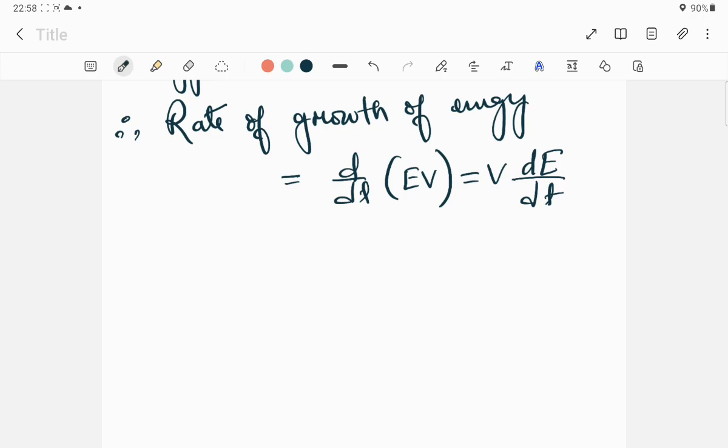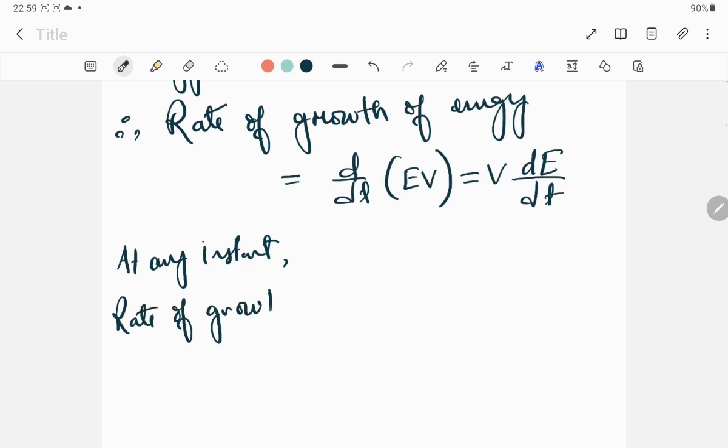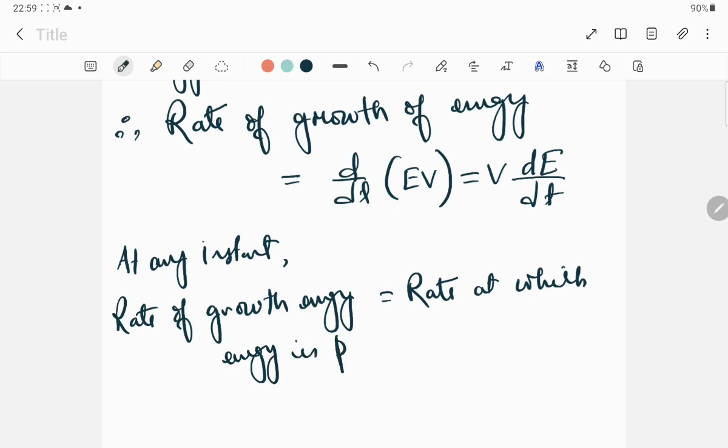But as we have already discussed, at any instant, rate of growth of energy inside the hall will be equal to rate at which energy is produced minus rate of absorption.